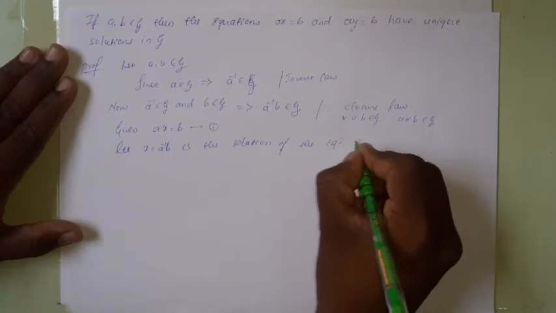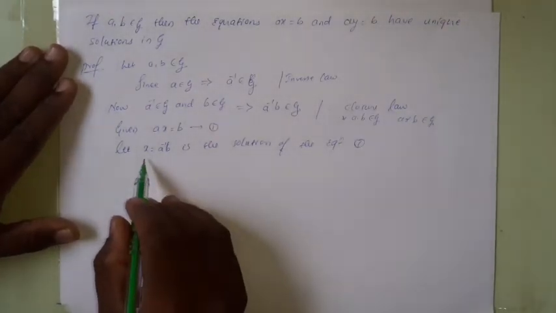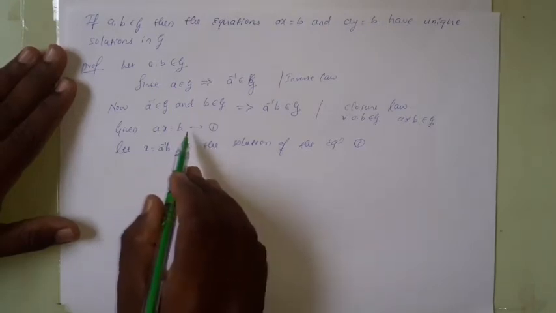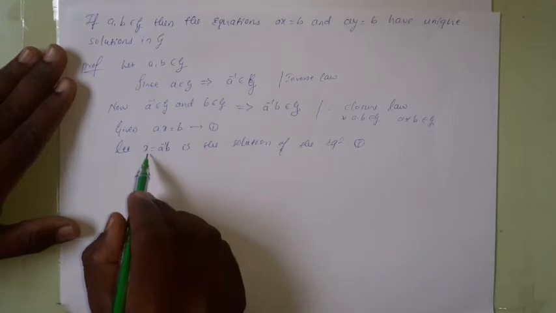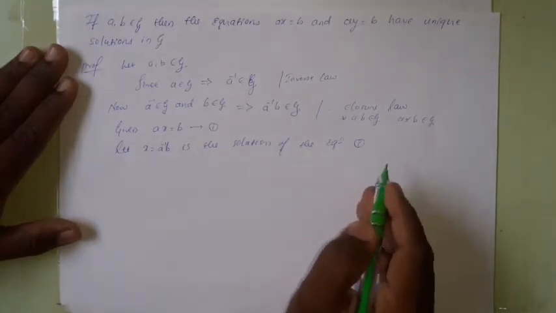the equation 1. Let us consider the value of x, which is the solution for the equation Ax is equal to B. Let us consider x equal to A inverse B is the solution of equation 1.